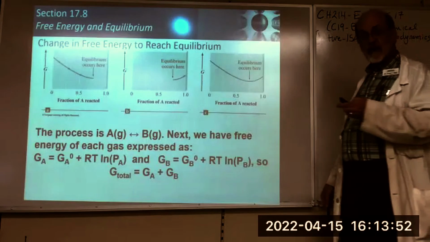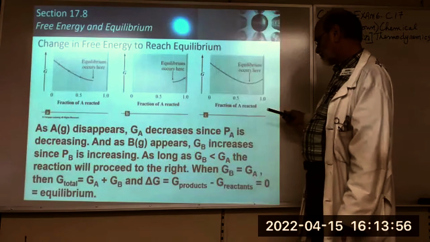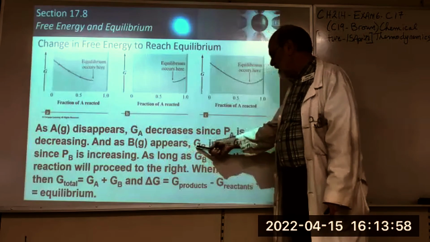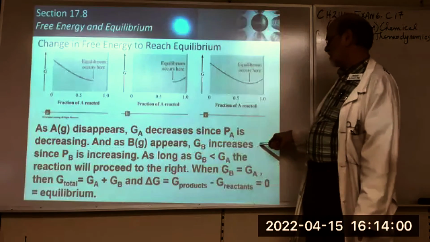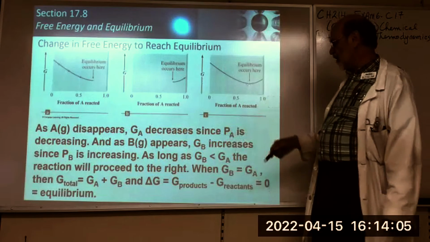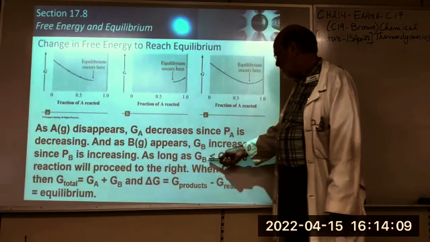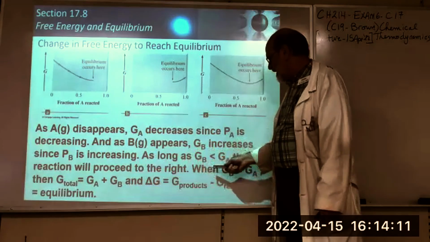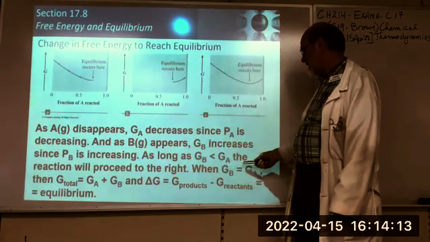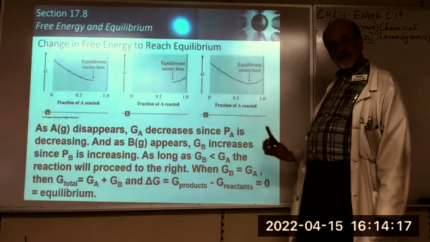It's trending towards 0. And the G for B is increasing because we're making B as A disappears. As long as the free energy of B is less than the free energy of A, the reaction will proceed as written from left to right.